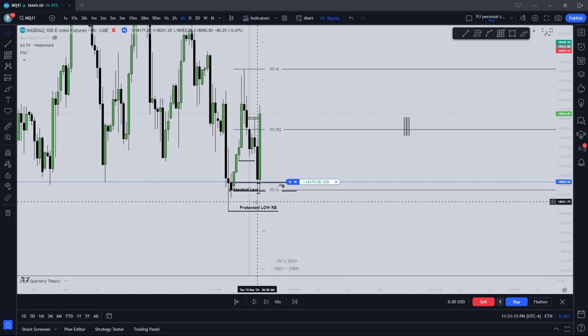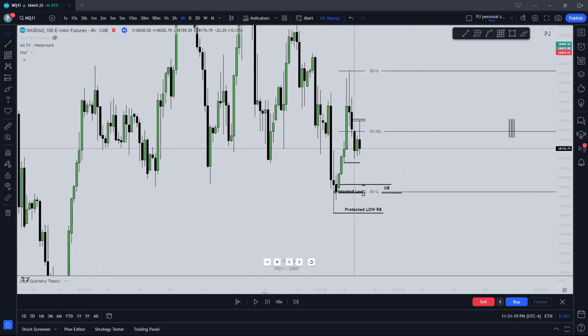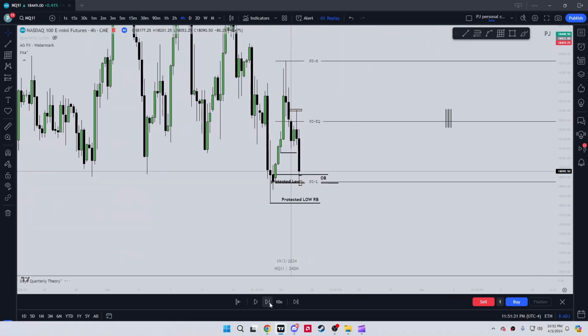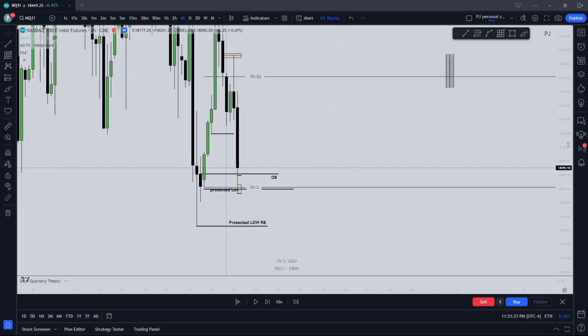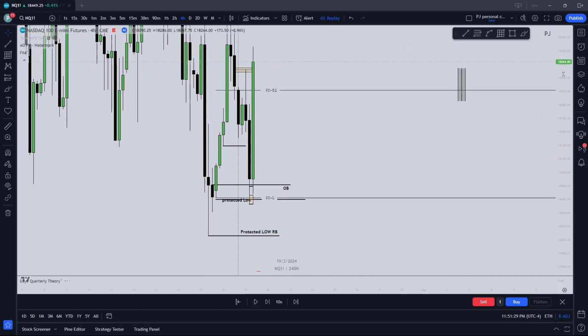So then you had your, and you'll be able to see it here, just for like a split second. Your open, low, high, close, right?